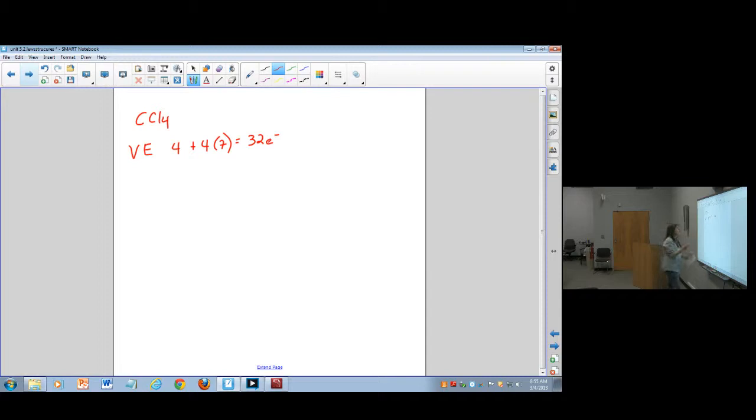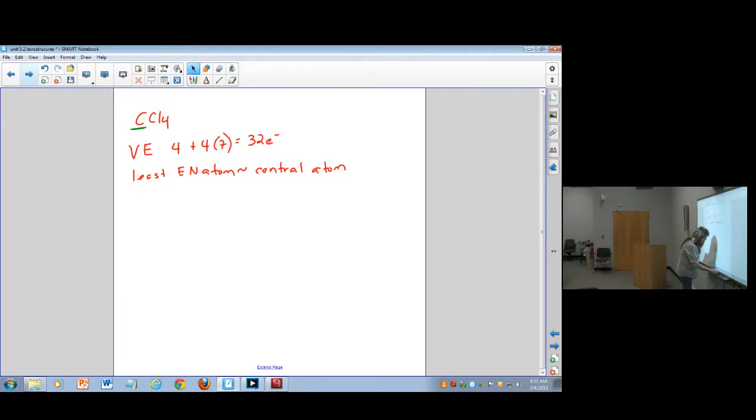Now, the first rule is the least electronegative atom is the central atom. Now, most of the time, this won't be a problem for you because for most things, the central atom is almost always going to be the first one.